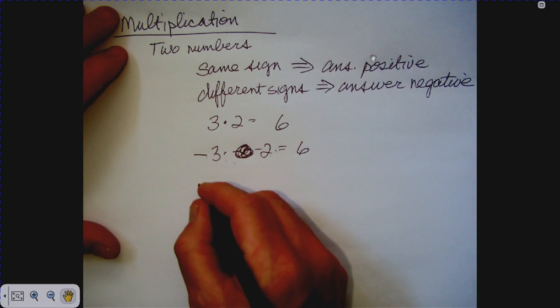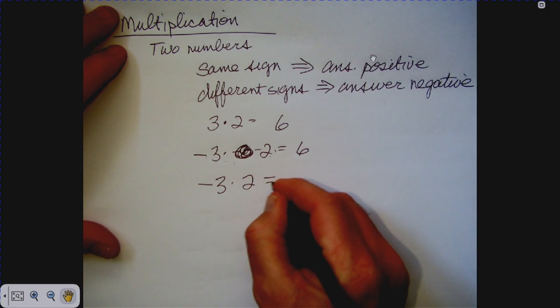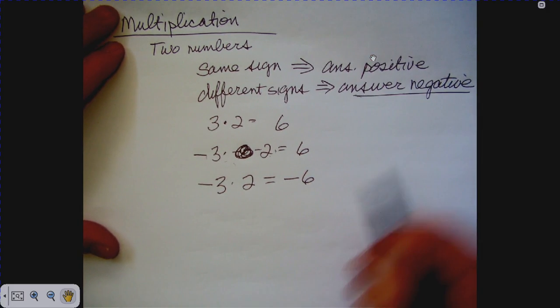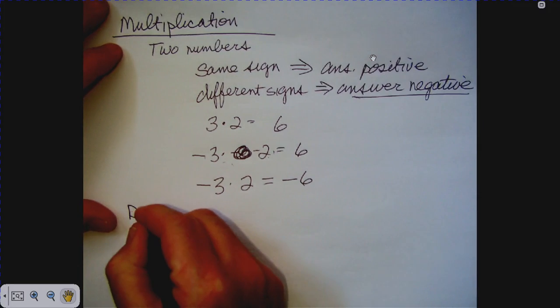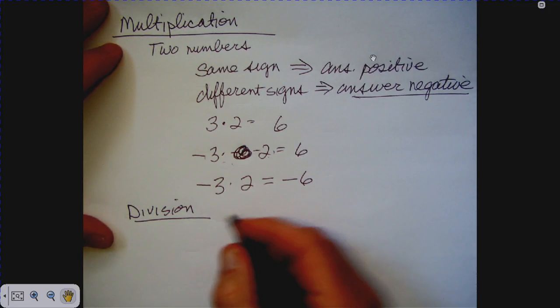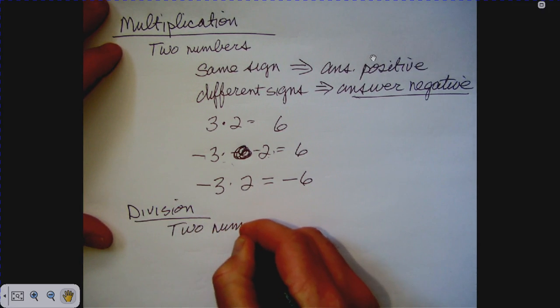Now let's say we had different signs, like negative 3 times 2. The two signs are different. It's going to be negative 6. The answer is negative. Guess what? With division, it's the same rule. Again, we're dealing with two numbers. I'll talk more about more than two numbers in a moment.